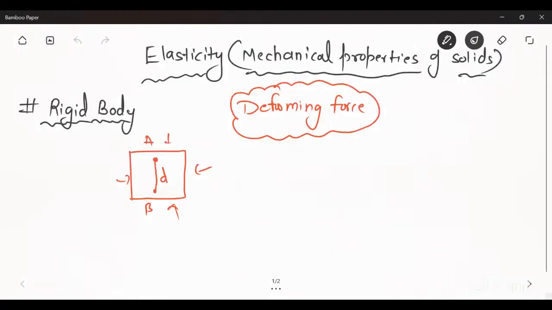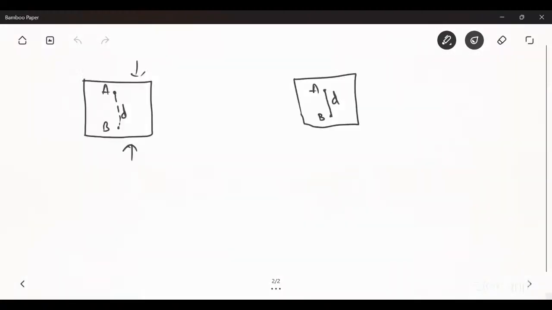So firstly, we have discussed the rigid body. Rigid bodies are those bodies in which the distance between two intermolecular points cannot be changed after applying any deforming force. Next we discussed the elastic body. Elastic bodies are those in which, when we apply a deforming force, the distance between two intermolecular points can be changed, but after removing the deforming force, they regain their original shape and size.